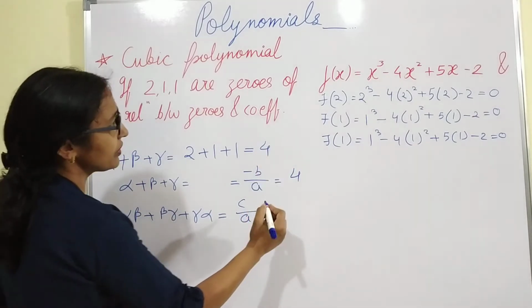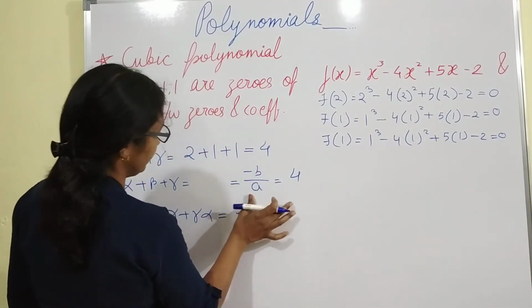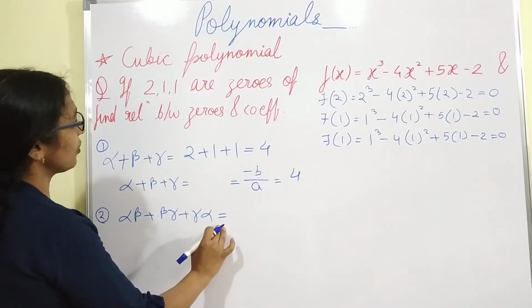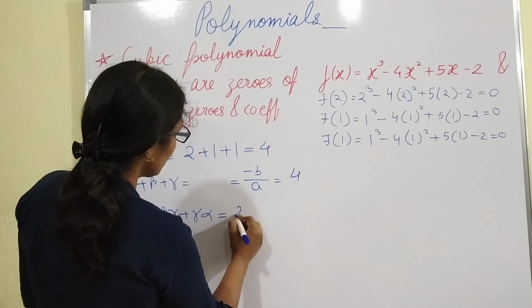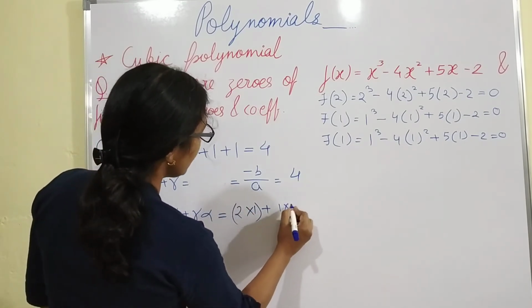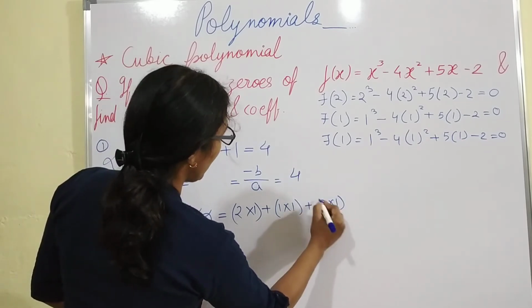So you have to write the full sentence: coefficient of x upon x cube. The sum of the product of zeros means 2 into 1 plus 1 into 1 plus 2 into 1.